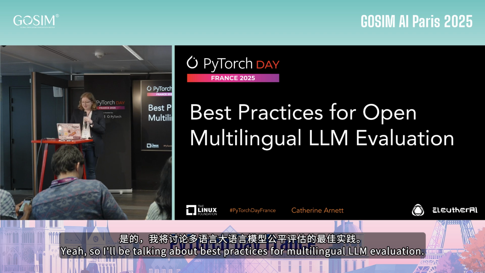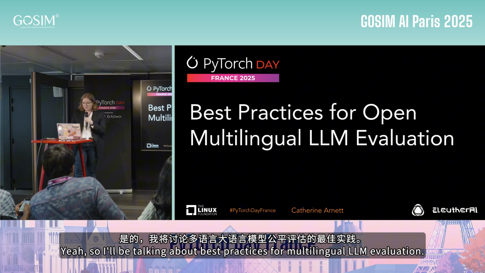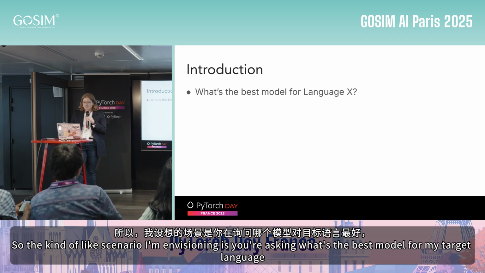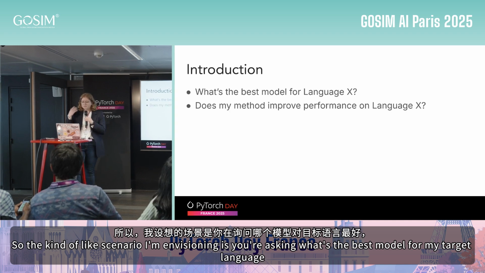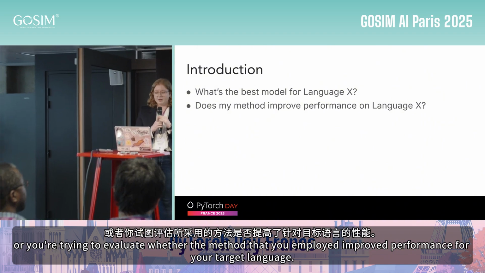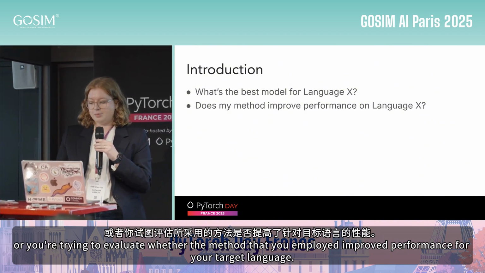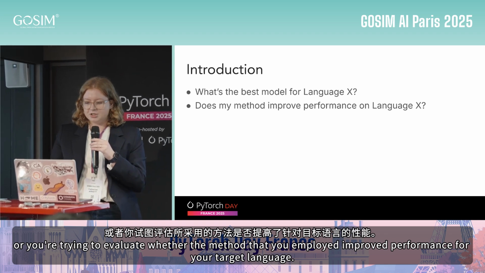So I'll be talking about best practices for multilingual LLM evaluation. The scenario I'm envisioning is you're asking what's the best model for my target language, or you're trying to evaluate whether the method that you employed improved performance for your target language.